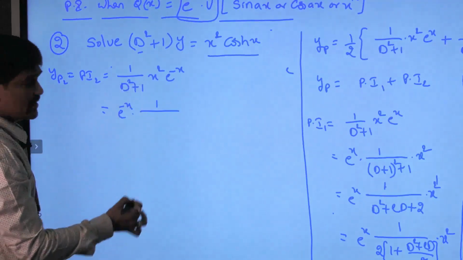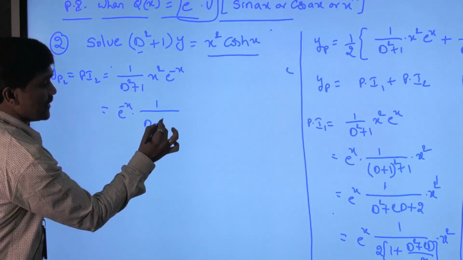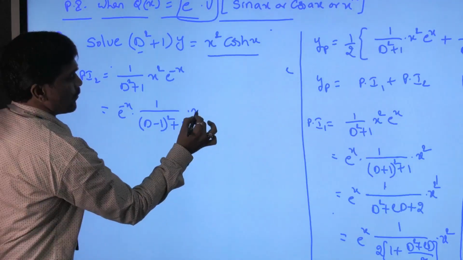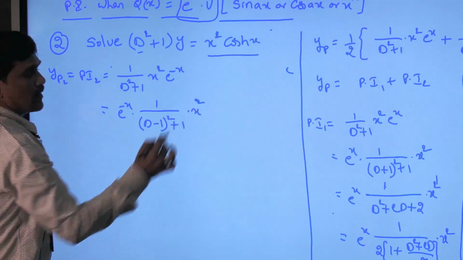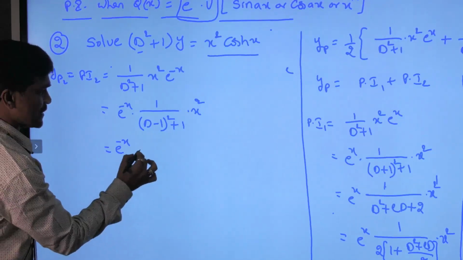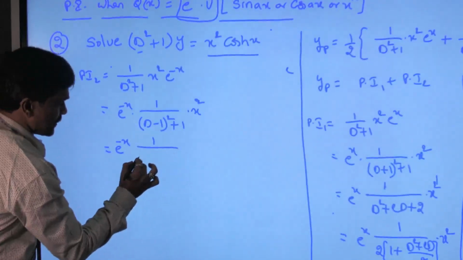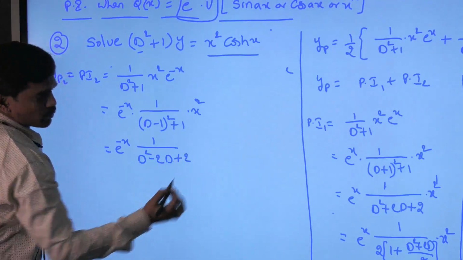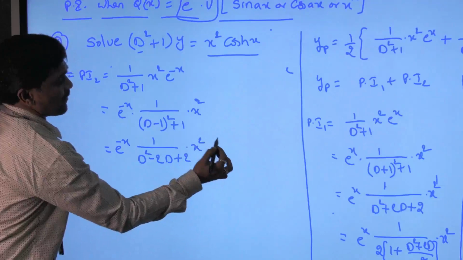Here a is minus 1, that's why write (D - 1) whole square plus 1 into x². Right, now here e^(-x), simplifying this we get (D² - 2D + 2) into x².